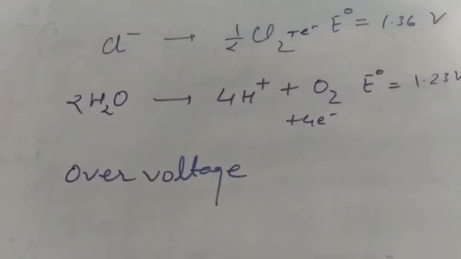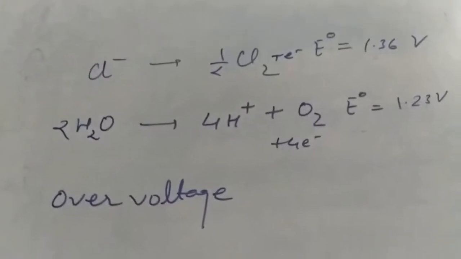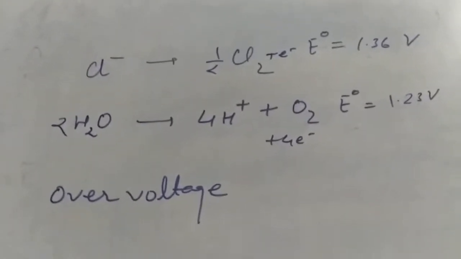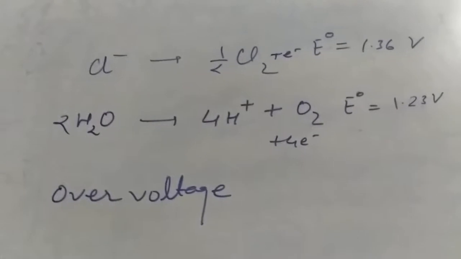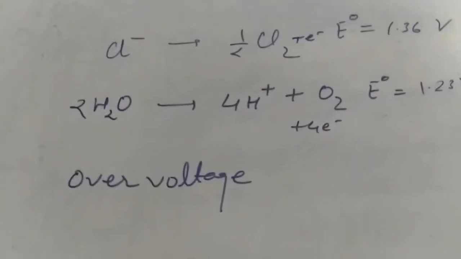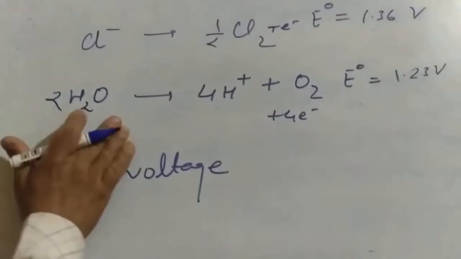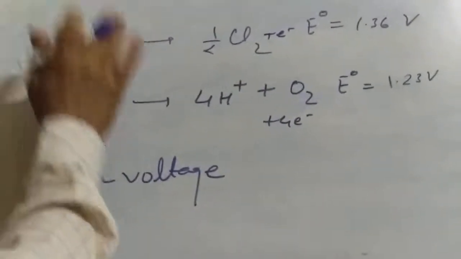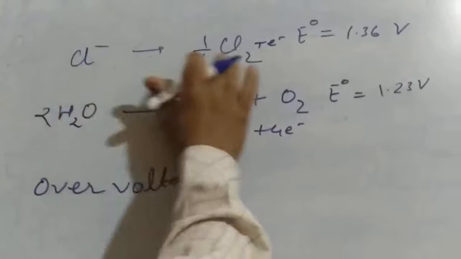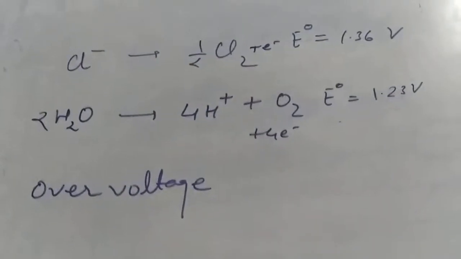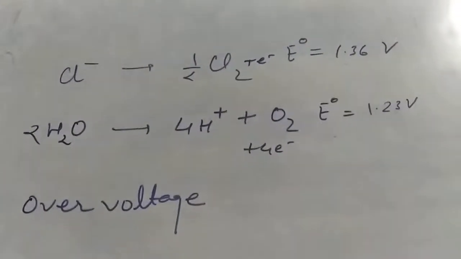So you can say the water molecules are creating a kind of resistance around the electrode. Now to overcome this resistance, we require some more potential. And due to this reason, water is not going to oxidize and Cl minus will be preferably oxidized and we can obtain chlorine gas.